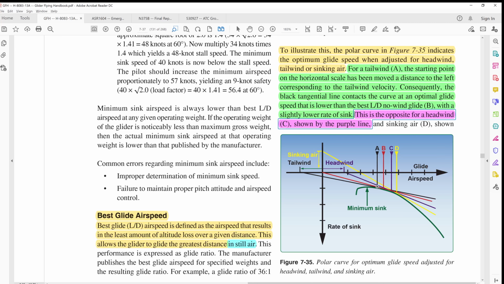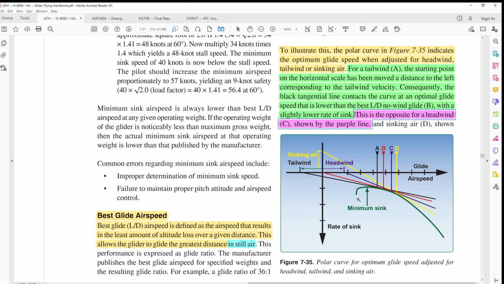However, if somebody goes into the wind, because again, you're trying to stay away from Lake Michigan, head for Wisconsin, or get away from mountains that are downwind, if you're going to glide into the wind, you want to increase your speed. If you want to visualize that, instead of starting from the 0,0 point, you shift according to the wind speed, and then you start your tangent line from there.